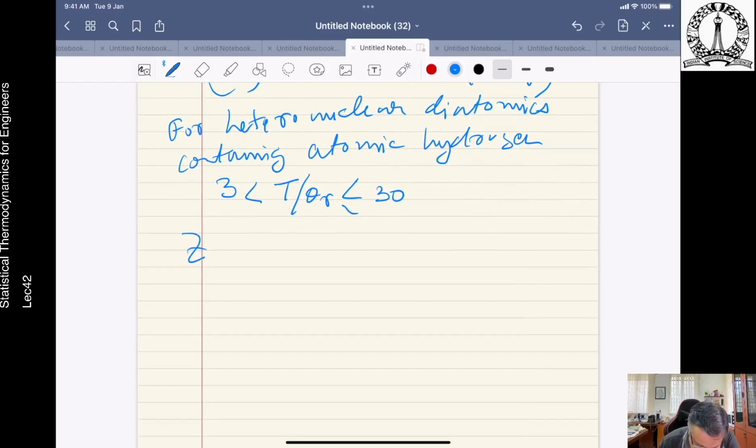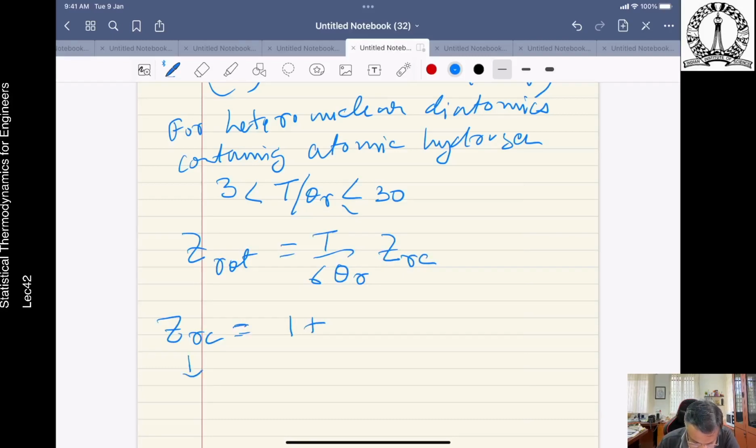That means Z rotation would be written as T by sigma theta r and some correction term. This Z correction term is the rotational correction term, as we call it, which is basically the expansion that we talked about.